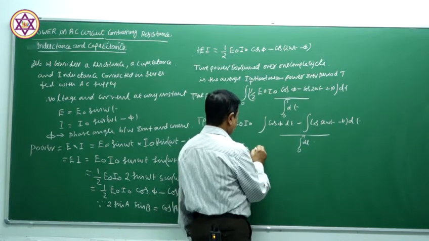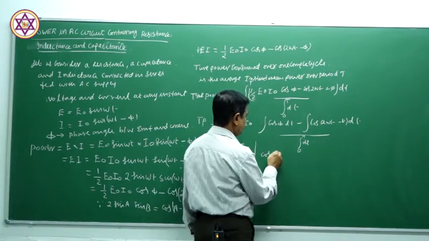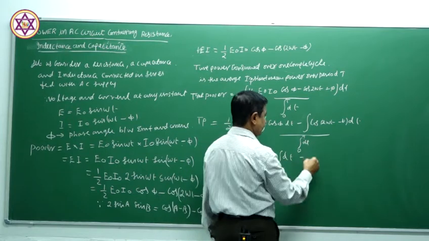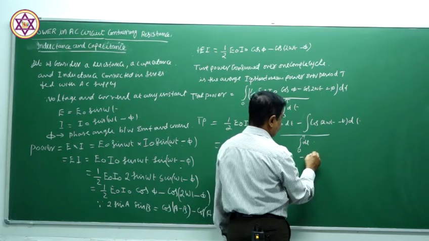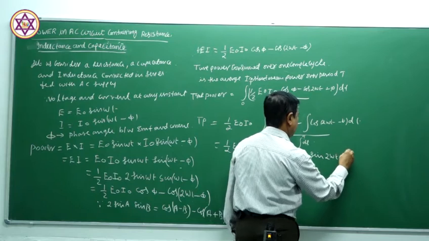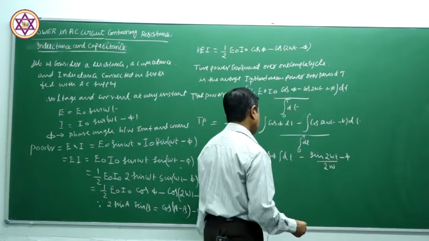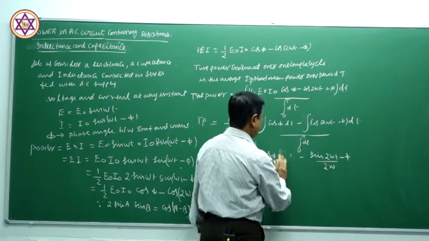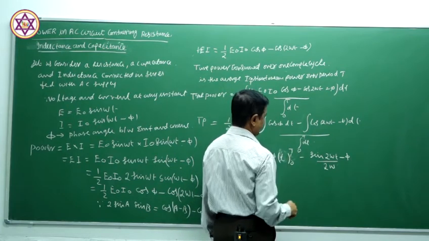That is cos phi into the integral of dt, minus the integral of cos 2 omega t minus phi, which is sin of 2 omega t minus phi divided by 2 omega.